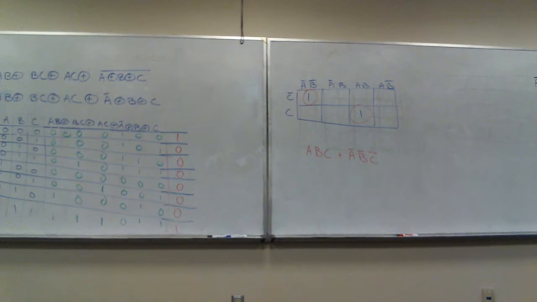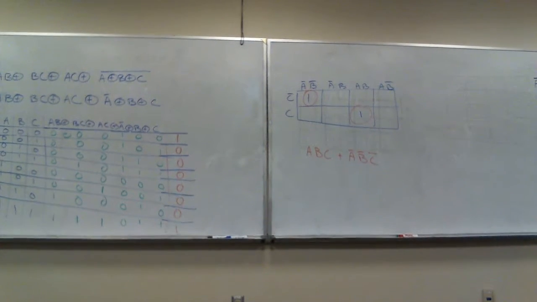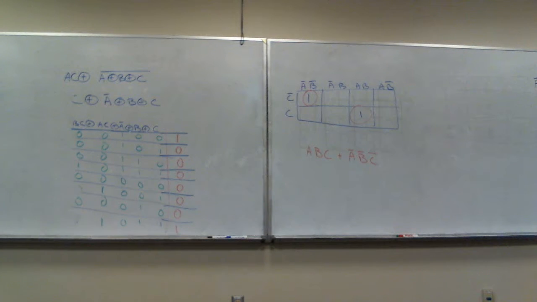So if we were to not do that and try to simplify it without the Karnaugh map and the truth table, and take an algebraic approach, I want to point out that you asked this question. I'm not making you do this, because I used to make students do this, and it would be mutiny.